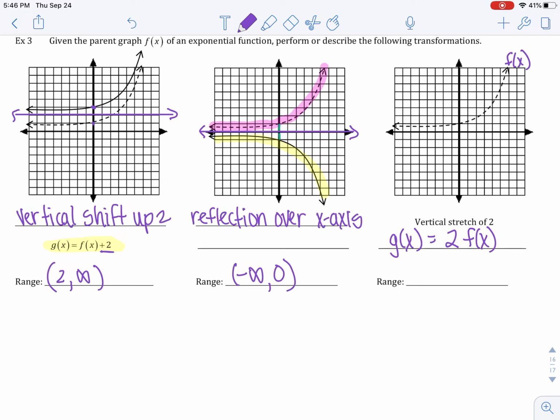And now I have to stretch it. So if I'm stretching it and the number, the a, is bigger than 1, that means it's going to get steeper. So for me to make this steeper, I have to make it half the distance to make it double the steepness.